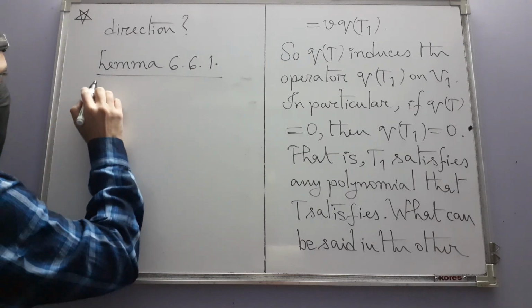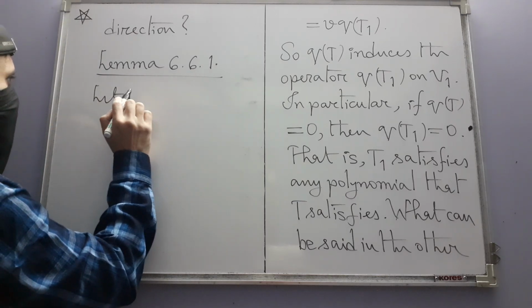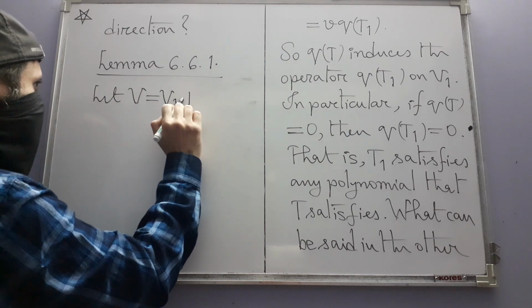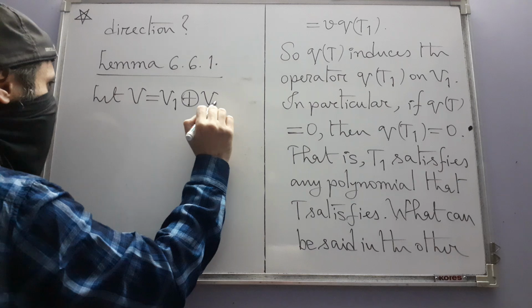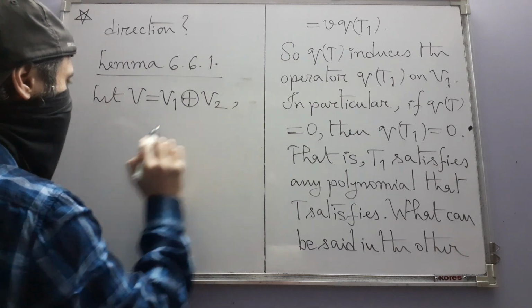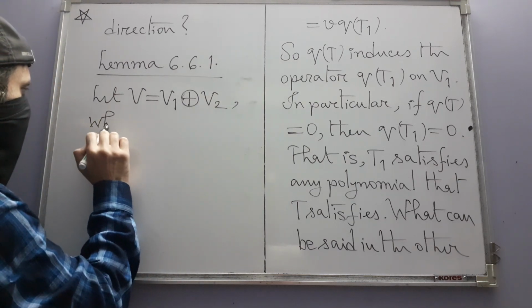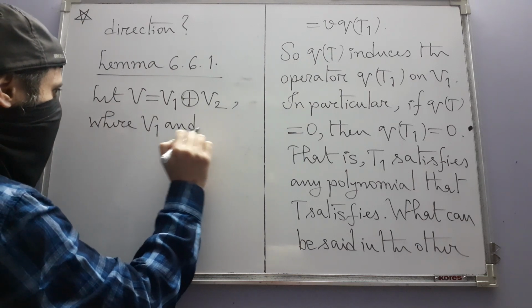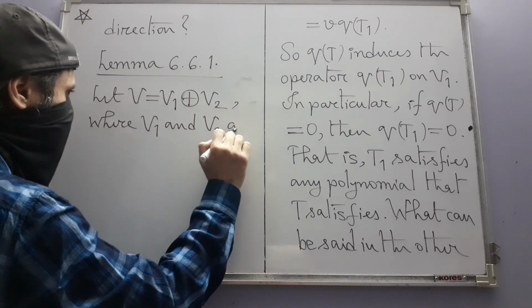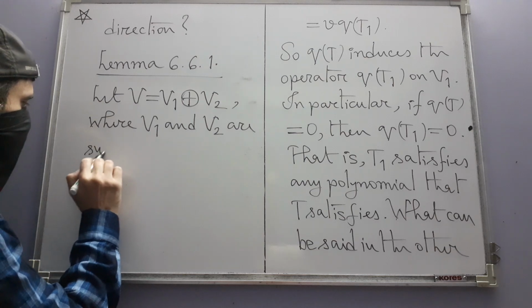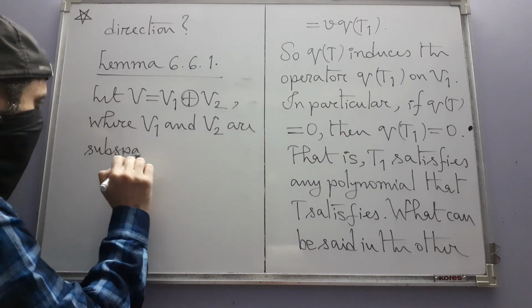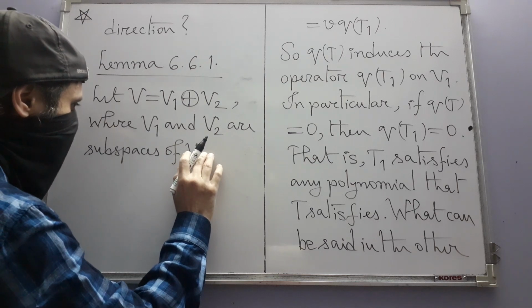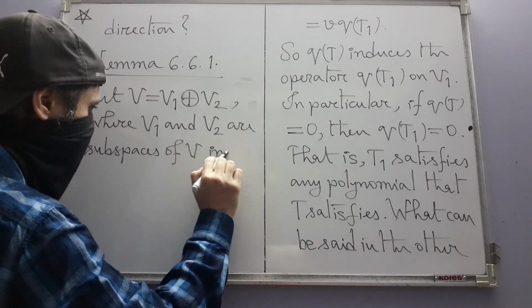Instead, it starts like this: let V be the direct sum of two subspaces, V1 and V2, where V1 and V2 are subspaces of V invariant under T.